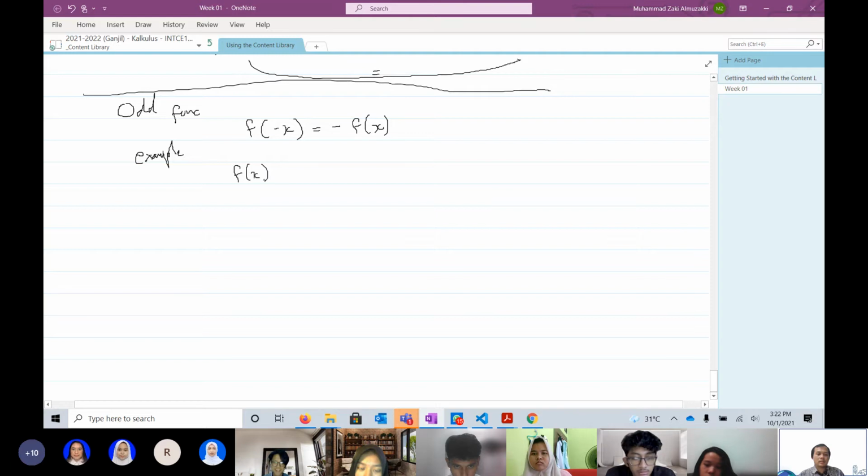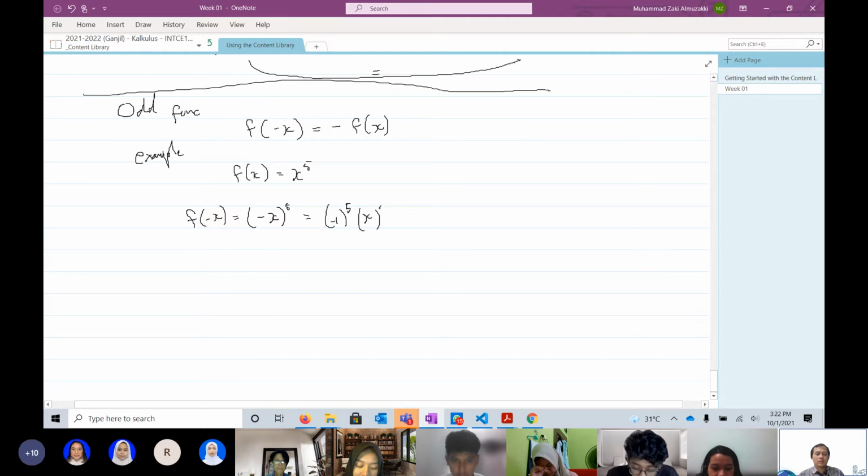f of x is equal to x power 5. Then we check f of minus x, which is equal to minus x power 5, which means we have minus 1 power 5 times x power 5, which is minus x power 5, which is minus of f of x.